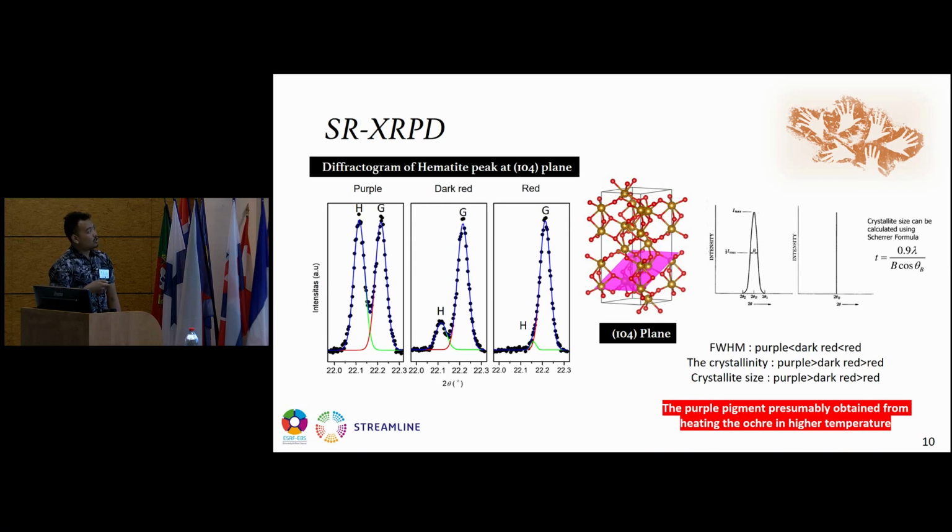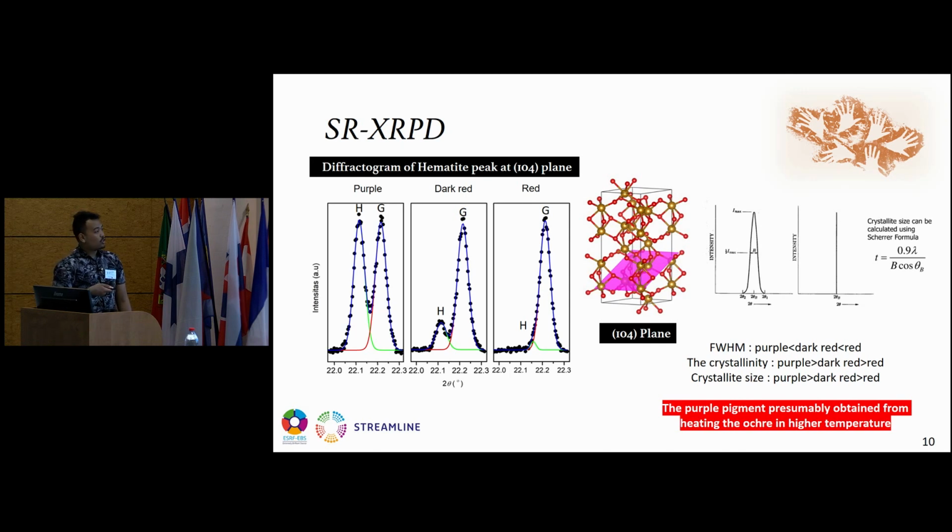So we could analyze the crystalline size by using the Scherrer formula. The FWHM value of the purple pigment is higher compared to the other pigments. Then the crystallinity of the purple pigment is higher than the dark red pigment and the red pigment. So the crystalline size of the purple pigment is larger than the dark red and red pigment.